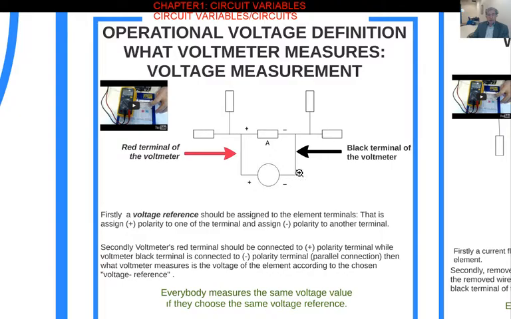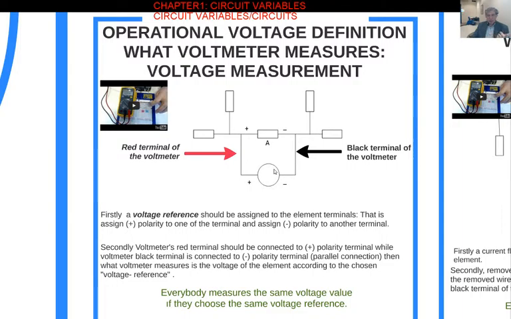So if you interchange this voltmeter's terminals, if you replace the red terminal with the black one and the black one with the red one, whatever you measure with this voltmeter is going to have the same absolute value but a different sign.